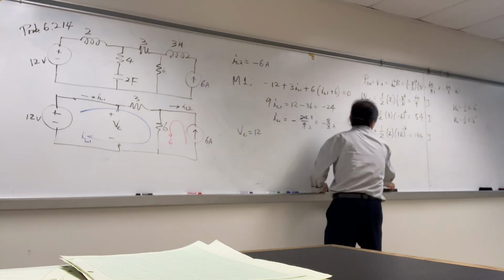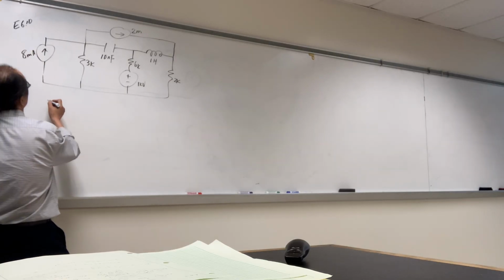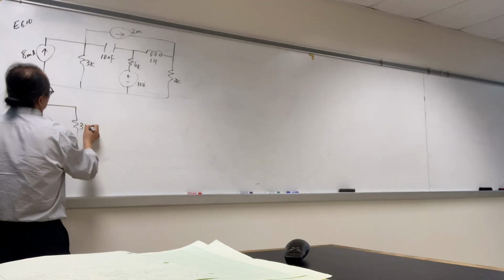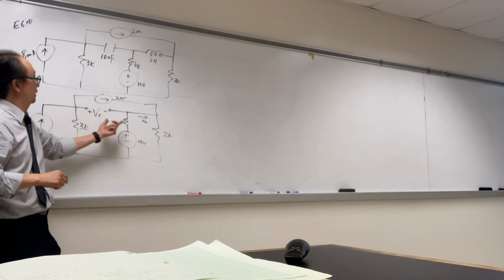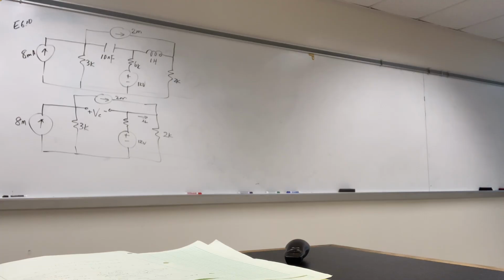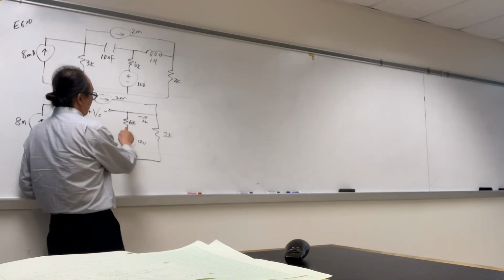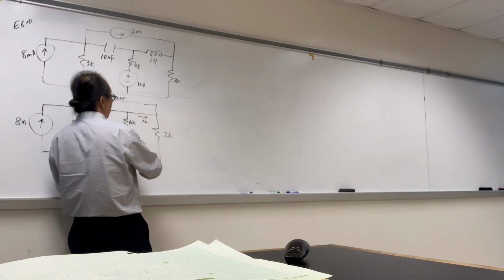Next, one more. Okay, now under DC condition, we're going to have this 3K. So I made an open circuit for the capacitor, short circuit for inductors right there. So what do we do? Okay, we can do that. So what's the current going through this 6K then? It's going to be IL, right?